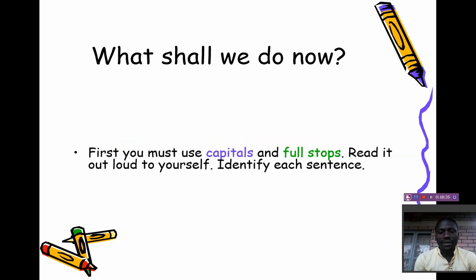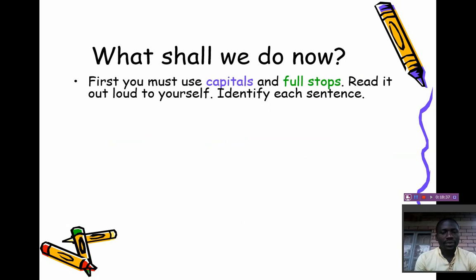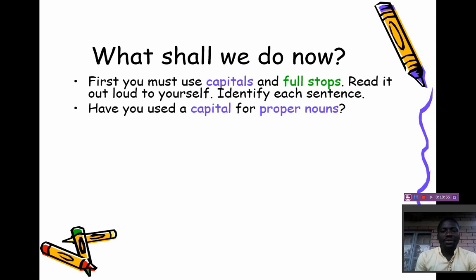What shall we do now? Now, to memorize what we've gone through, first use capitals and full stops. Read out loud to yourself and identify each of these sentences. Okay? Have you used the capital letter for proper nouns?